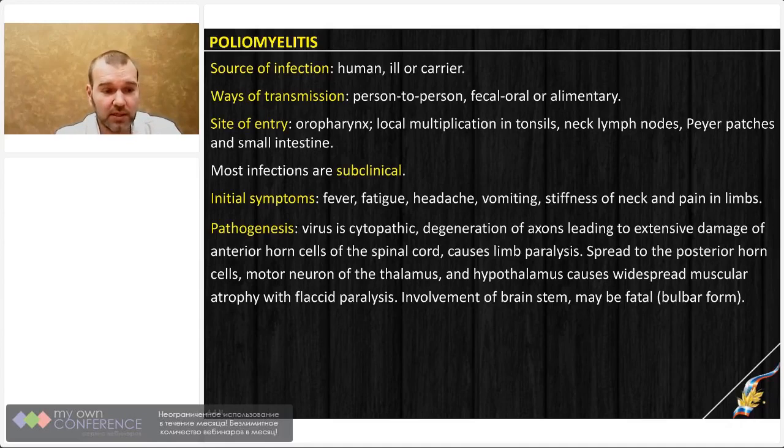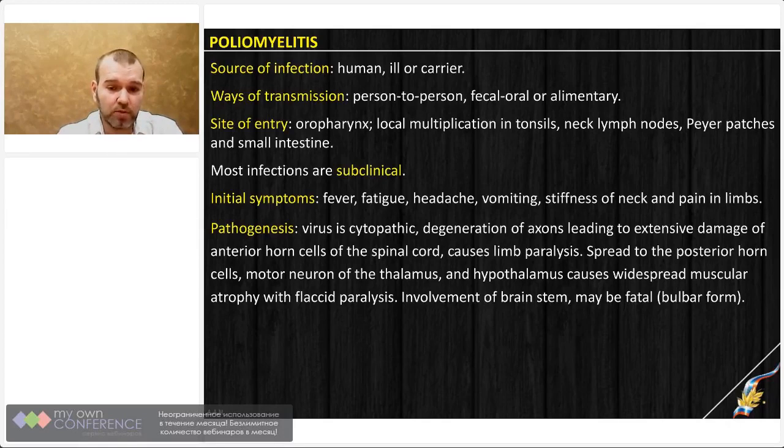So viruses have unique cytopathic properties. It can cause degeneration of neural tissue, which will lead to damage of cells in anterior horn of spinal cord, and it will lead in general to limb paralysis.